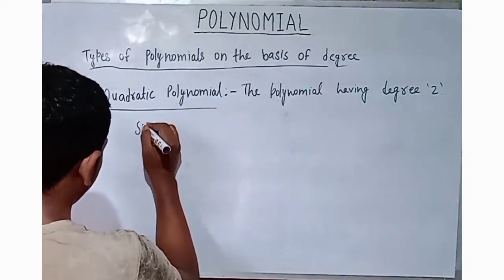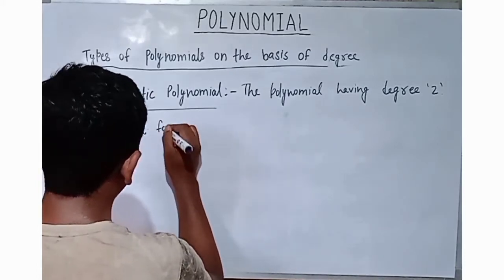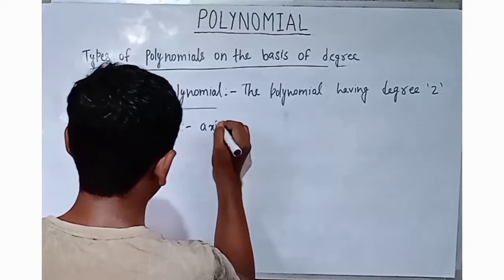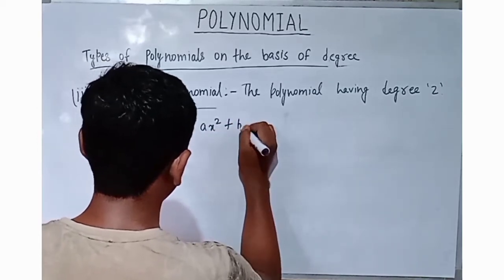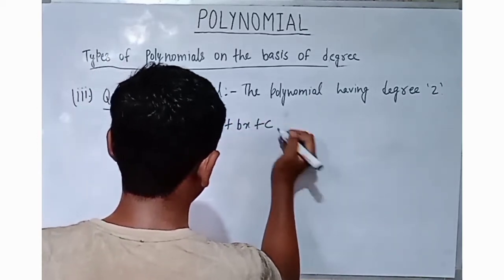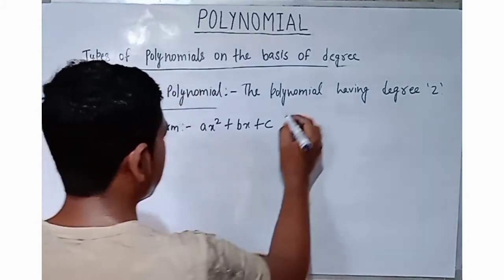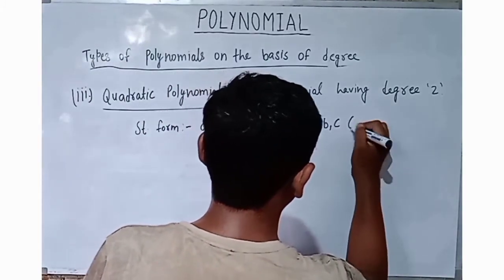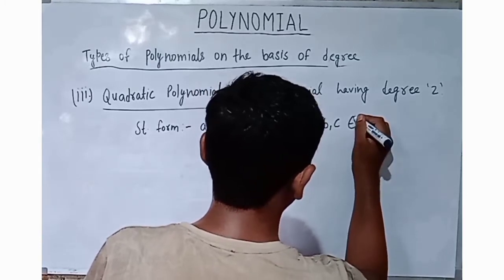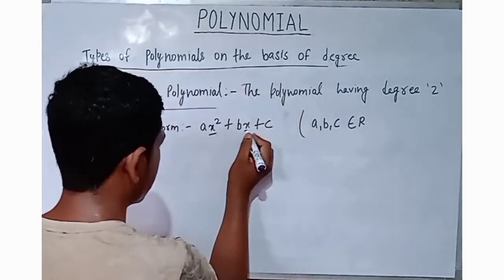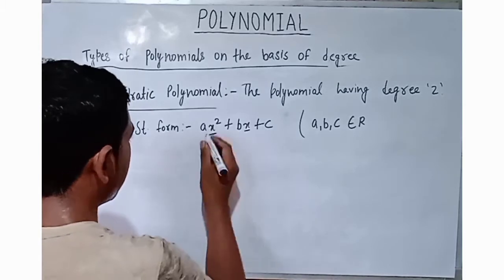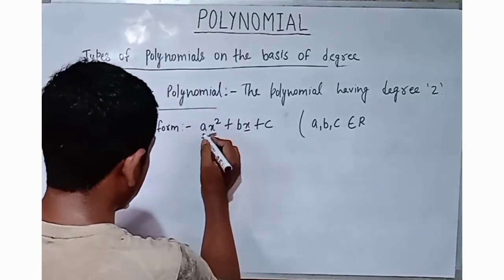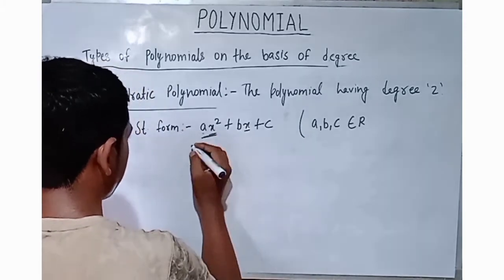So the standard form of a quadratic polynomial will be ax square plus bx plus c. Here a, b and c belong to the real numbers, and you know very well this x is a variable. Here also, a should not be equal to 0. Why?